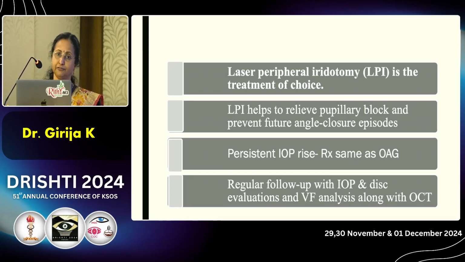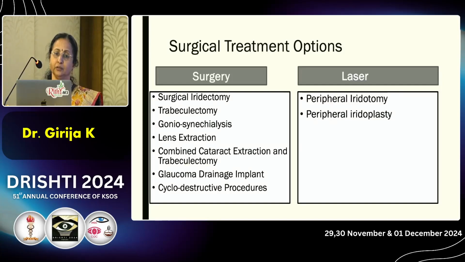But after the PI, always do a gonio, see whether the angle has opened and see whether the IOP is controlled. And if the IOP is persistently high, then again you have to start anti-glaucoma medications and regularly follow up the patient. The various surgical treatment options are mentioned here.